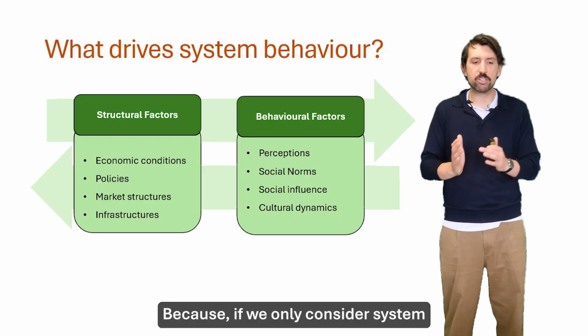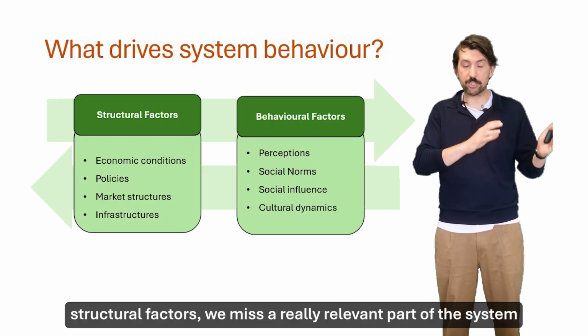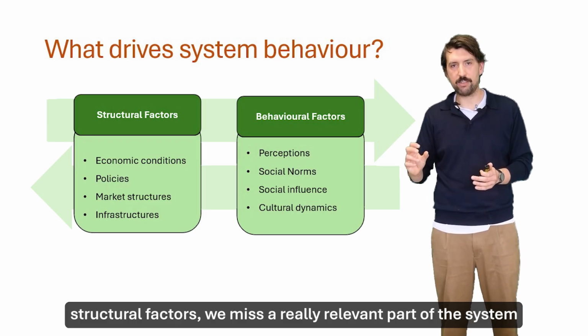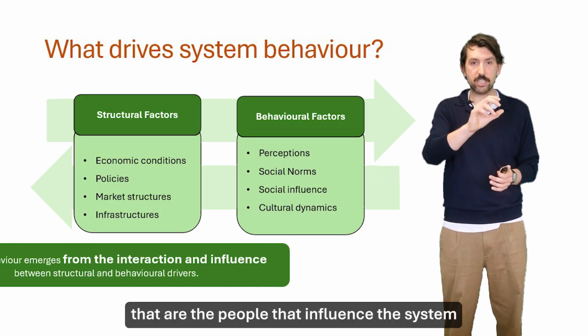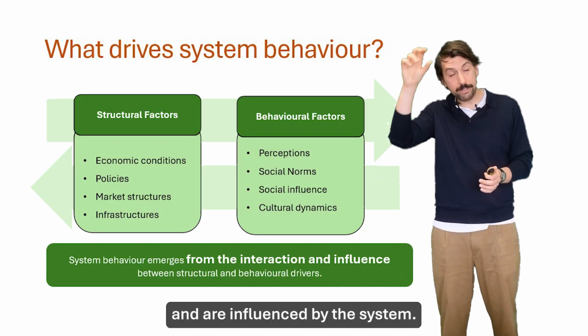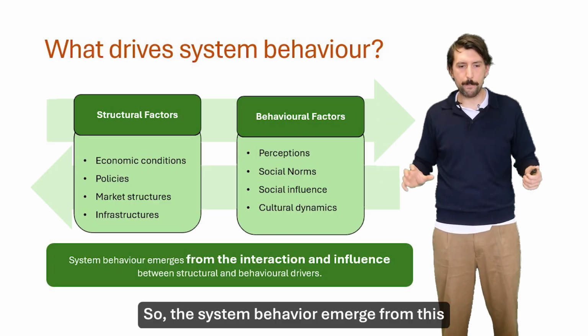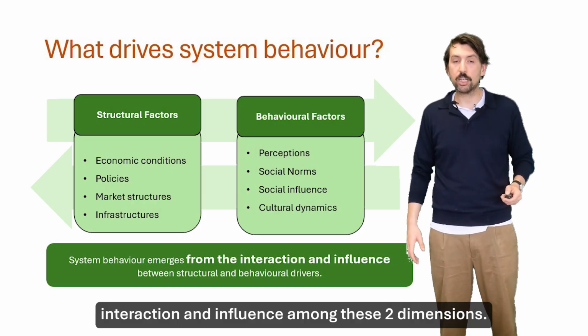Because if we only consider system structural factors, we miss a really relevant part of the system, that are the people that influence the system and are influenced by the system. So the system behavior emerges from this interaction and influence among these two dimensions.